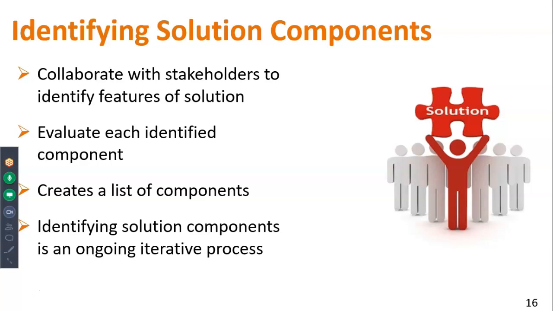In the Agile environment, it's obviously an ongoing process. We're constantly looking at things. We're building things in smaller chunks and building one piece of the solution on top of the pieces that have already been built. So we're always looking at the components that we're building, the components that we've built, and the components that we're considering to build.